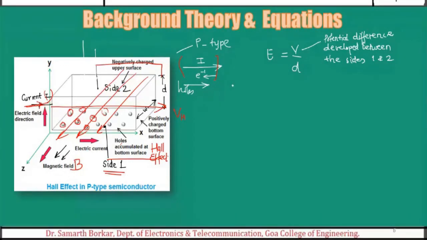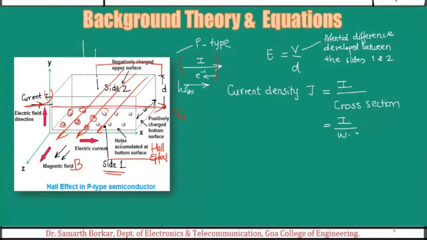Then the current density J is equal to I by cross-section area, so it is I by WD. We can also write this J as rho V, where this V is the drift velocity and rho is the charge density.